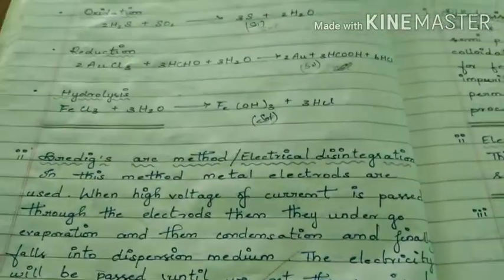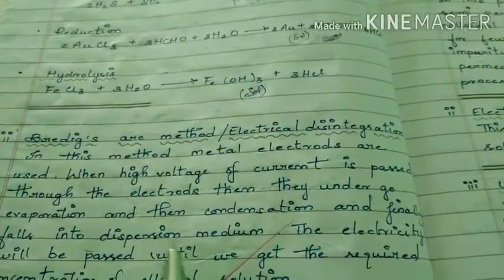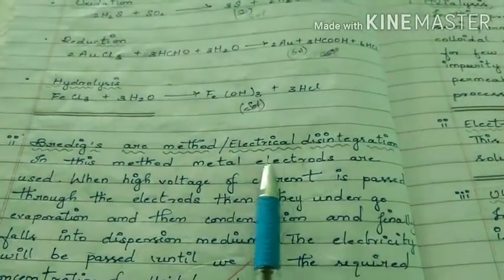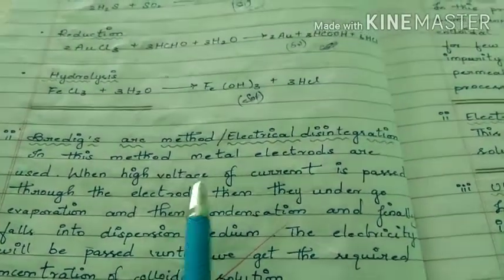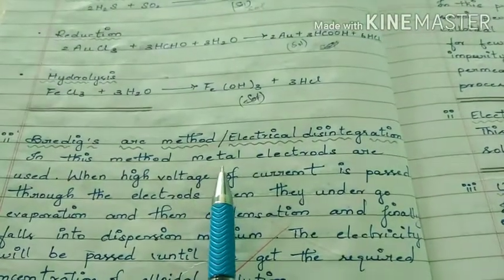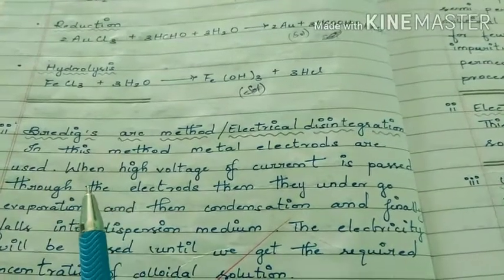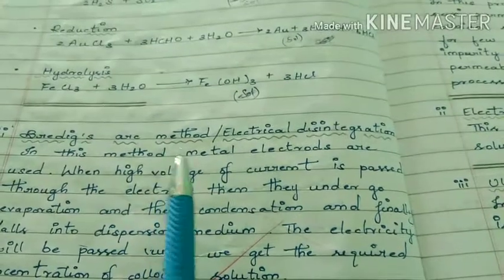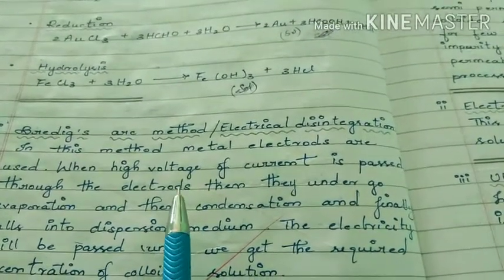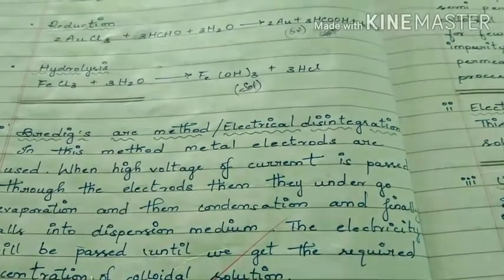One more method to prepare colloidal solution is a physical method, that is Bredig's arc method. Bredig's arc method is also called the electrical disintegration method or electrolysis method. In this method, metal electrodes are used, that means a metal cathode and a metal anode. Suppose you want to prepare gold sol, gold is a metal, so we should take a gold cathode and gold anode.